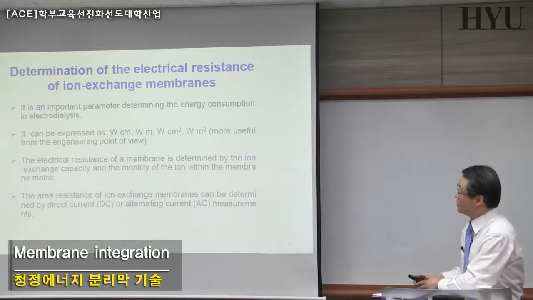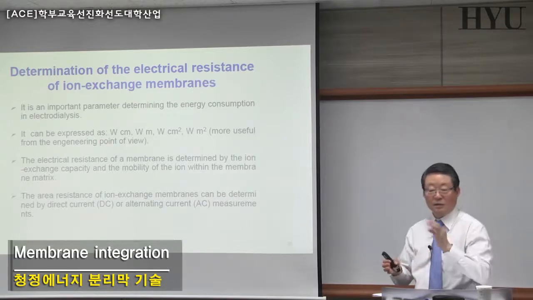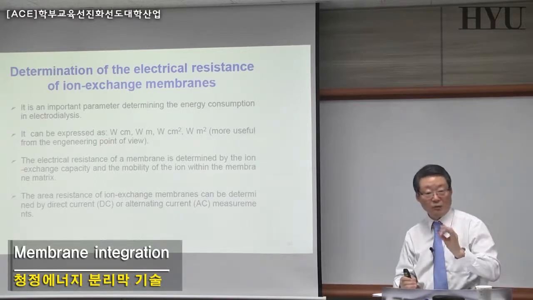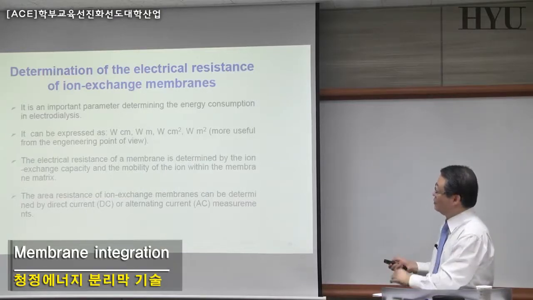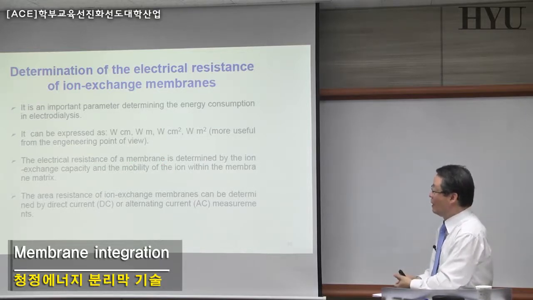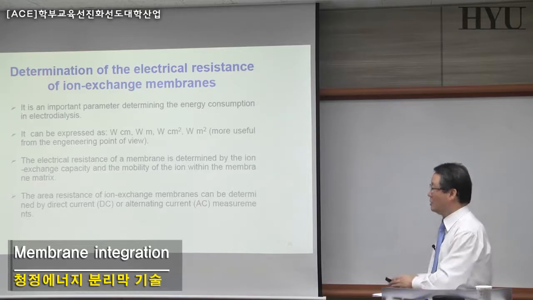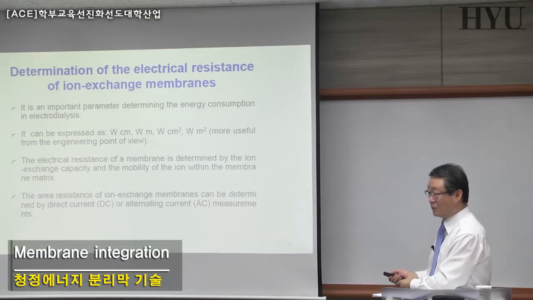So electrical resistance of the membrane is determined by the IEC and the mobility of the ions. So IEC is one of the basic properties that you have to measure, and you need to know about the mobility of the ions within the polymeric matrix, the membrane matrices. In this case, we are using the area resistance, whether you're using direct current or alternating current.